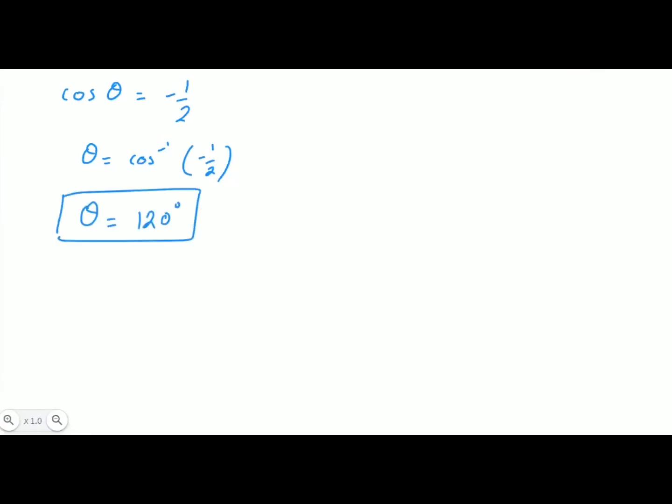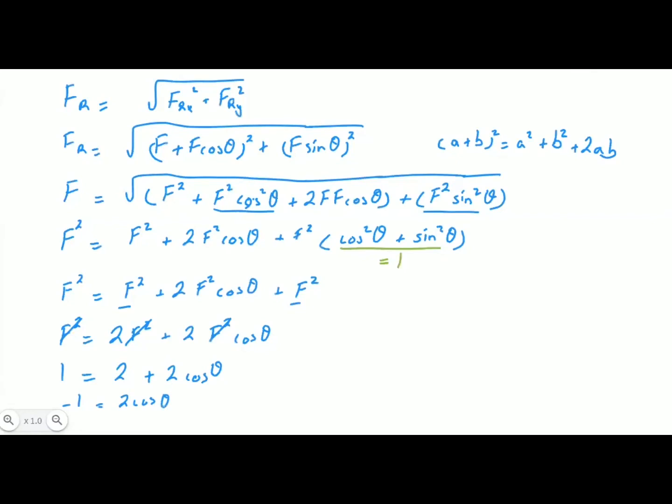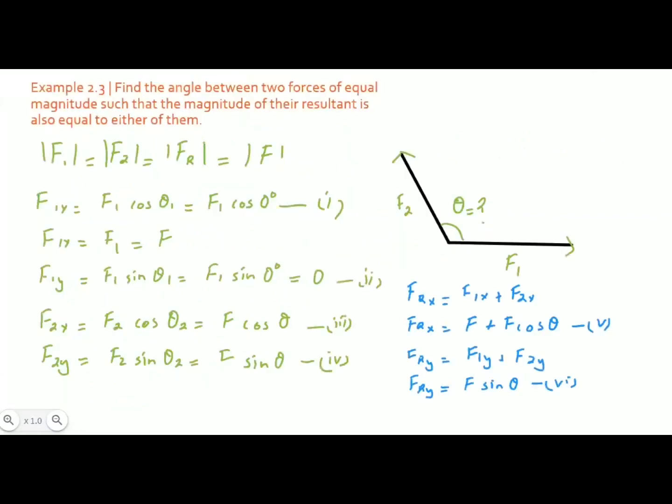It means that the angle between the two forces must be equal to 120 degrees. Only in that case, forces of equal magnitude will have a resultant that is also equal to either of them.